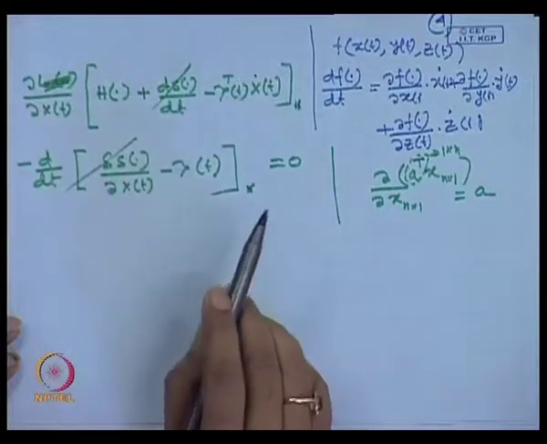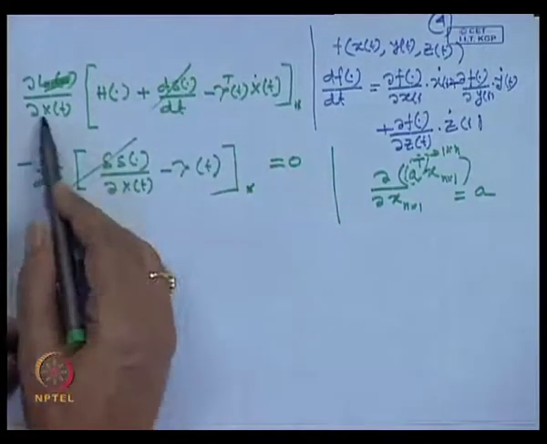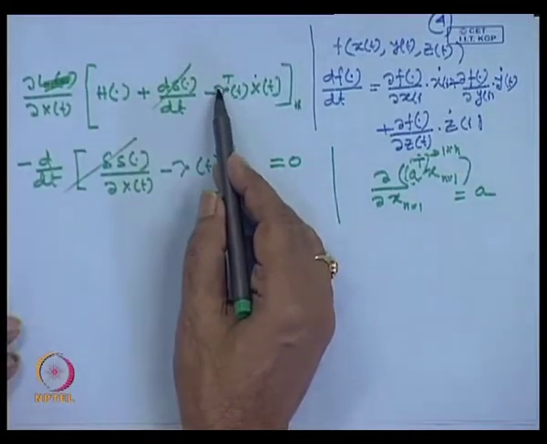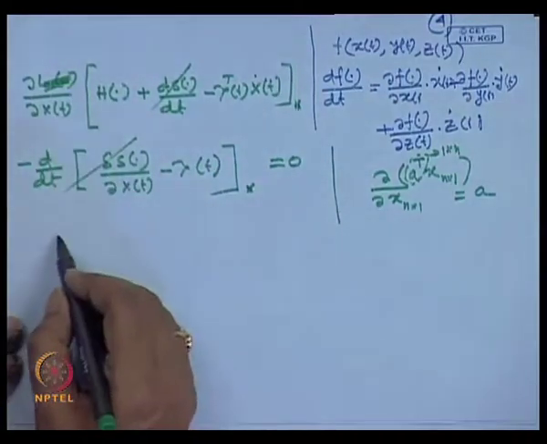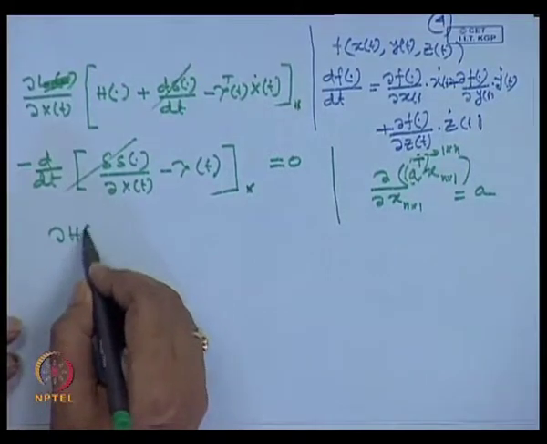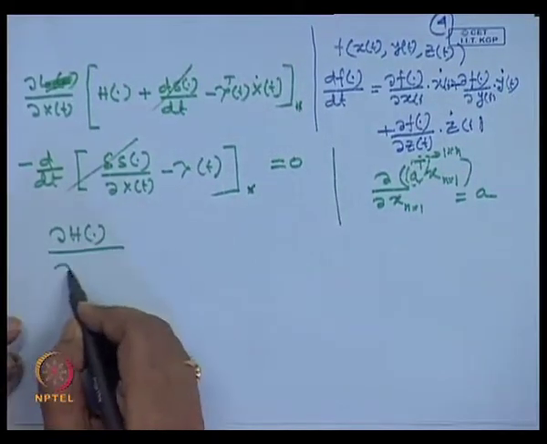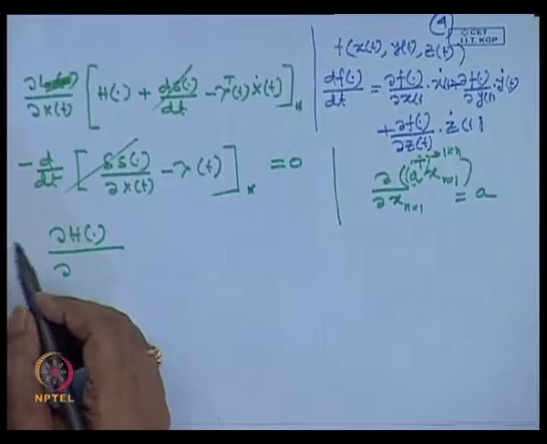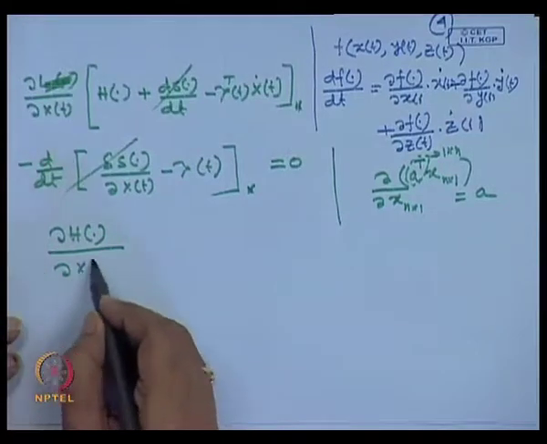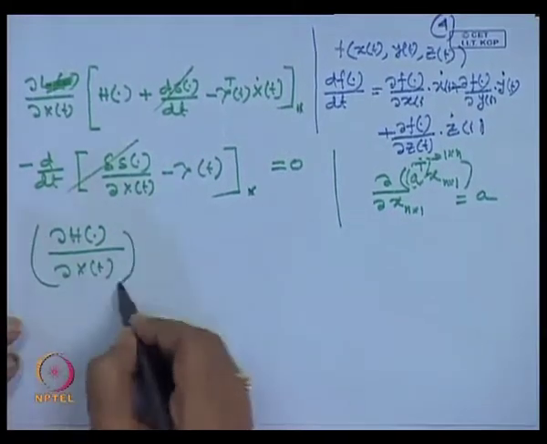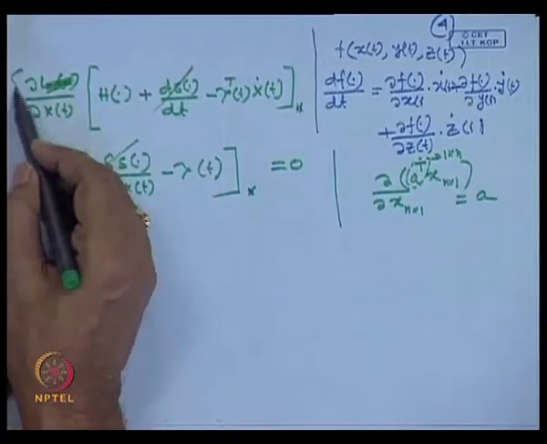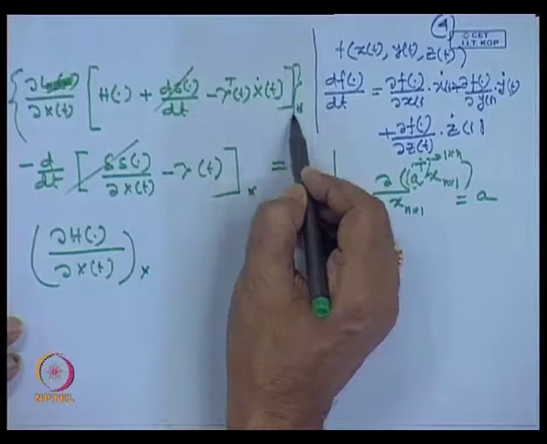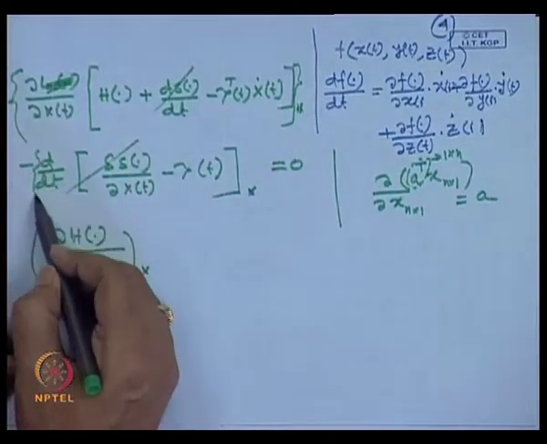That will vanish, then there is λ transpose(t) x dot(t), which you also differentiate with respect to x. Ultimately it is ∂H/∂x(t), the whole star.